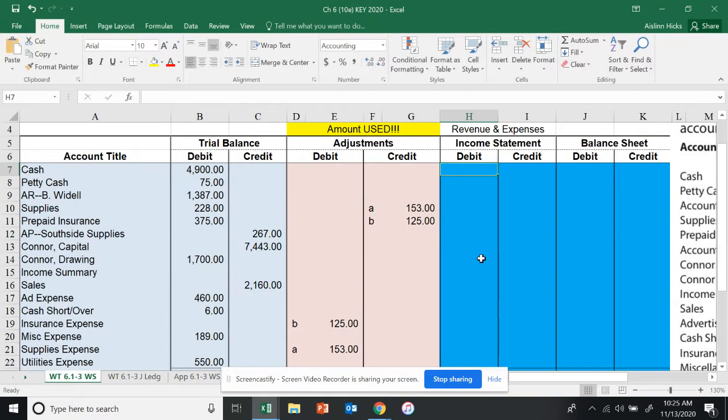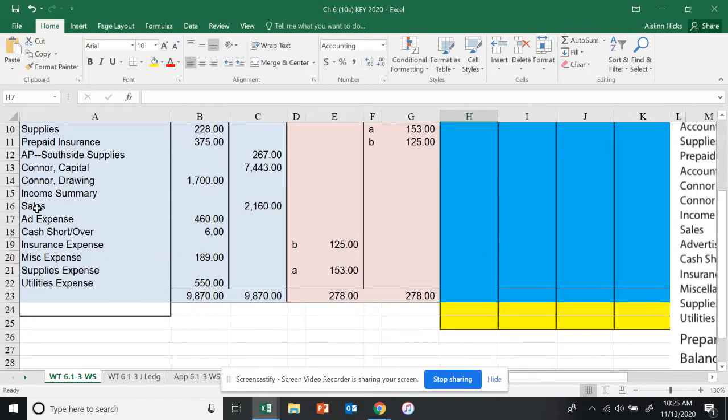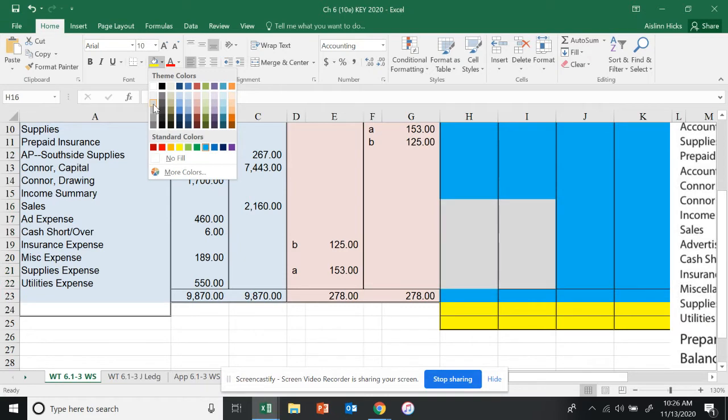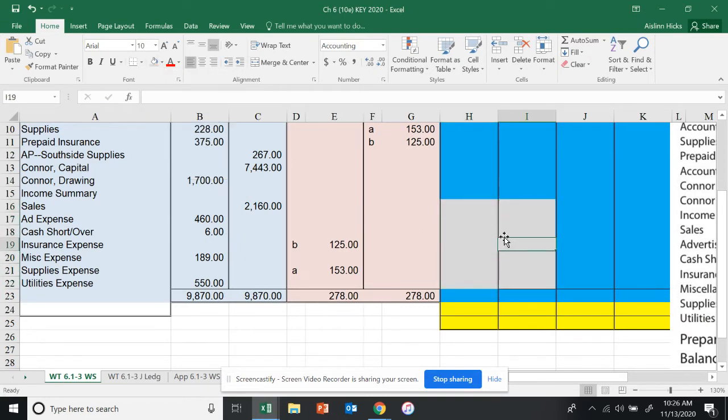Well, our revenue and our expenses are lines 16, 17, 18, 19, 20, 21, and 22. So over here in the income statement columns, I'm going to highlight those columns a nice little gray color, okay? Accountants like gray. It's a good color, all right?